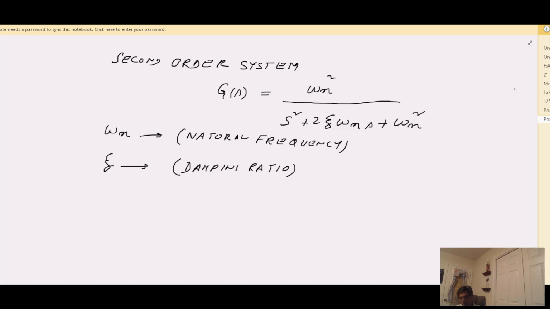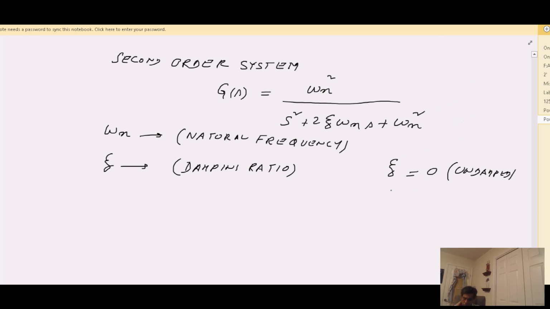Zeta is going to tell you whether the system is undamped, overdamped, or critically damped. So if you recall, we said that when zeta is equal to 0, then it is undamped, it's oscillating.